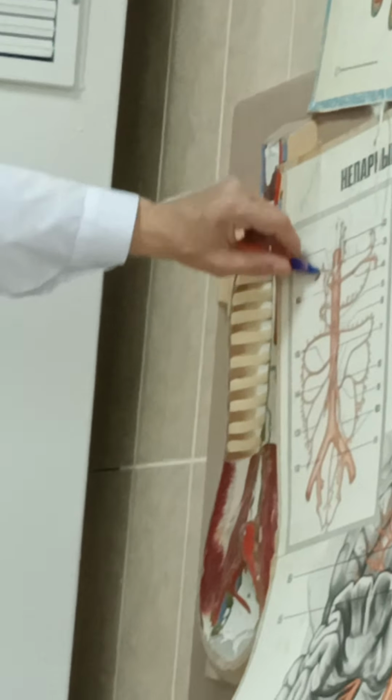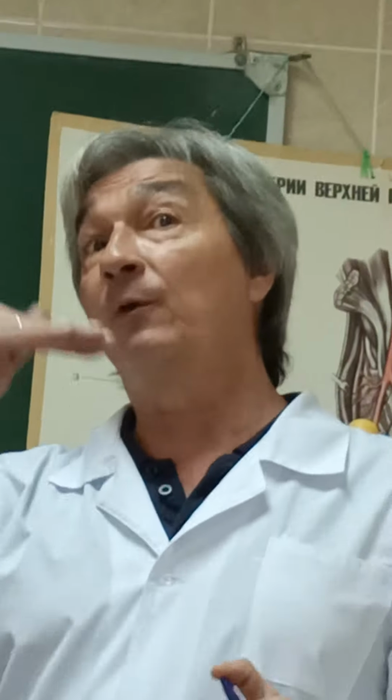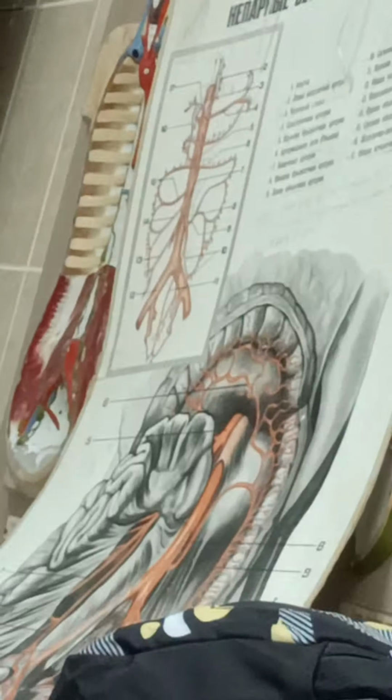The second one passes upwards and to the right, and it is called the proper hepatic artery. The proper hepatic artery also gives a branch to the stomach. It is called the right gastric artery, supplying the lesser curvature, and it has an anastomosis with the left gastric artery.